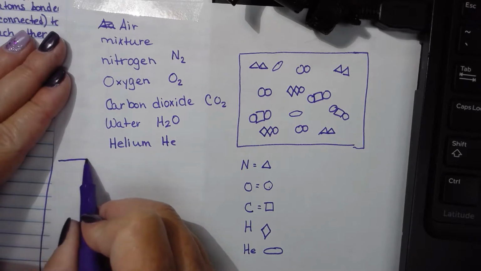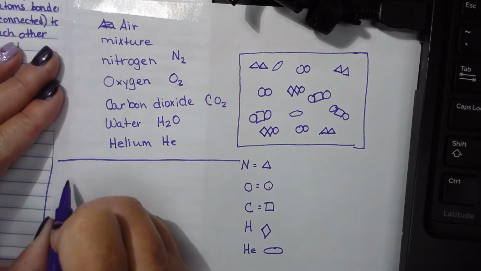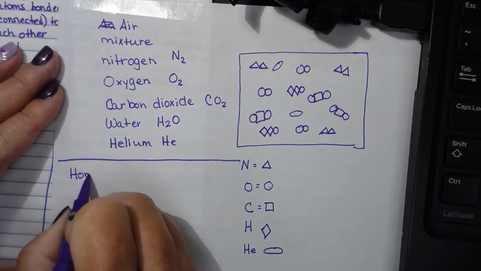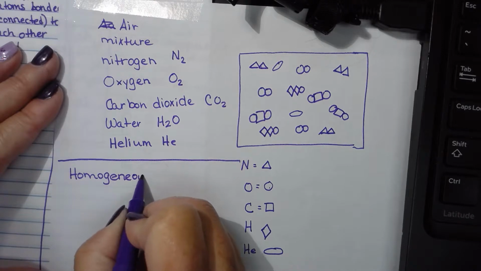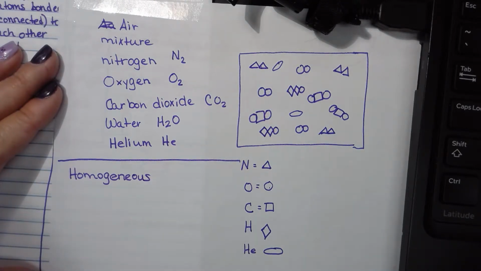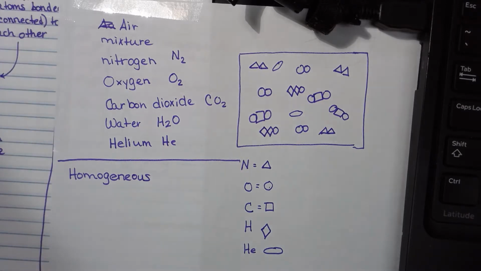So let's look at the two types of mixtures. We have homogeneous and we have heterogeneous. I heard a lot of you using words from biology like homozygous, heterozygous, so you kind of get the idea that homo means same, hetero means different.